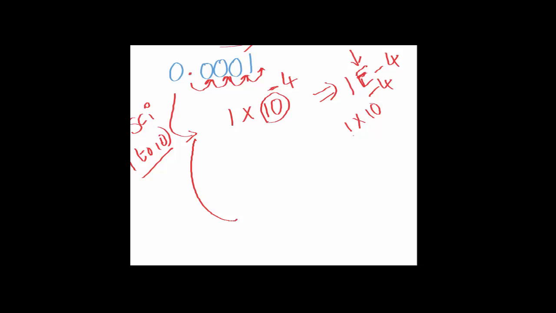Now if I'm converting into engineering notation, I need to convert into a number between 1 and 1,000. I have the same number, so I put down the number, 3 zeros and a 1. Remember, if you are converting into engineering notation, the number must be between 1 and 1,000, and the power must be a positive or negative multiple of 3.